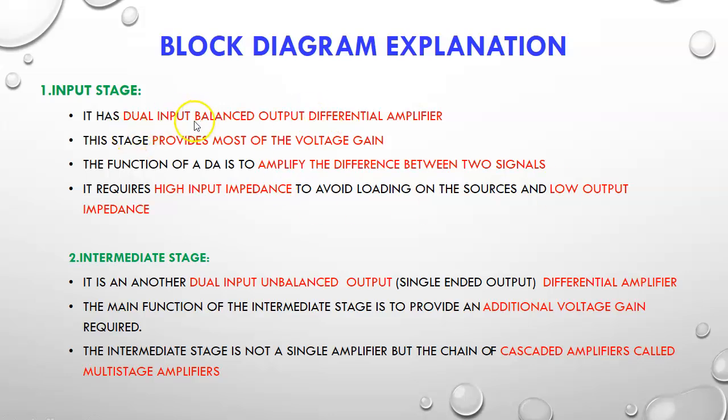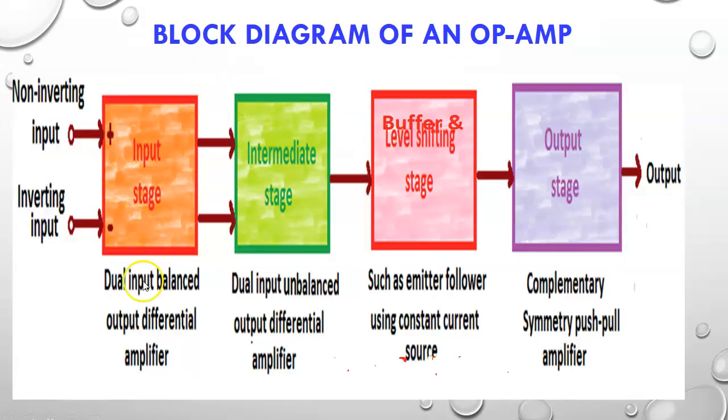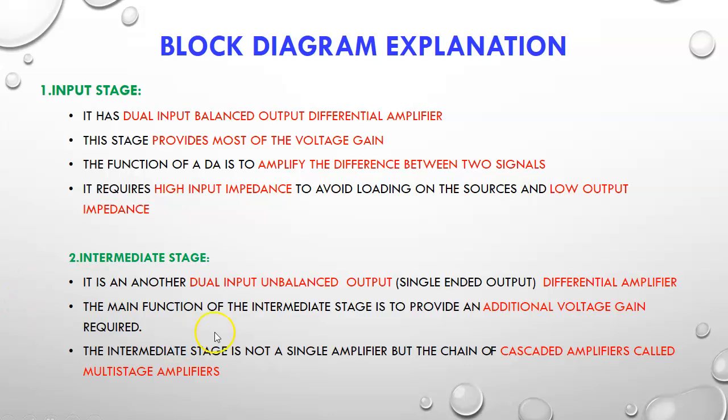The input stage has a dual input balanced output differential amplifier built in. Why? Because this differential amplifier provides most of the voltage gain to the opamp IC741, and additional voltage gain is given by the intermediate stage.